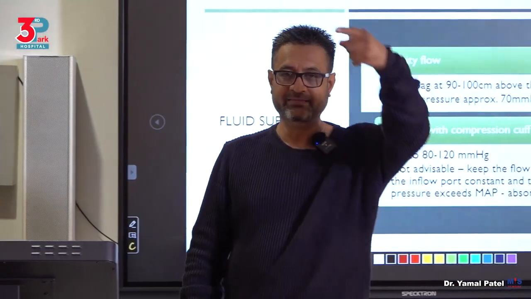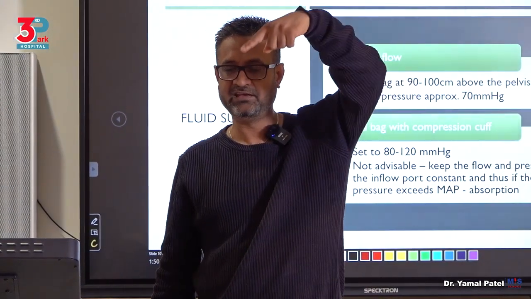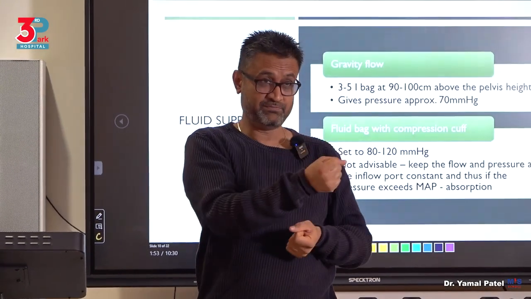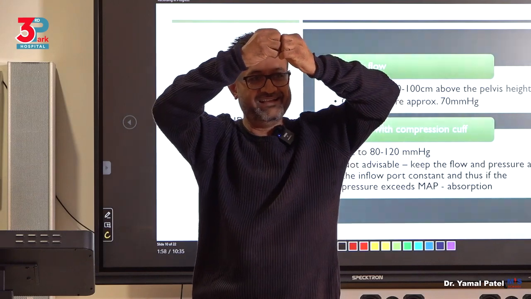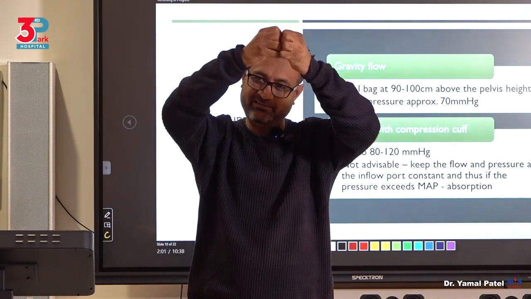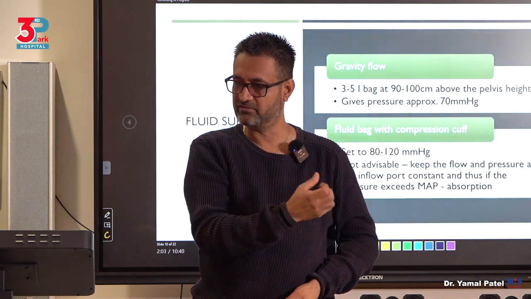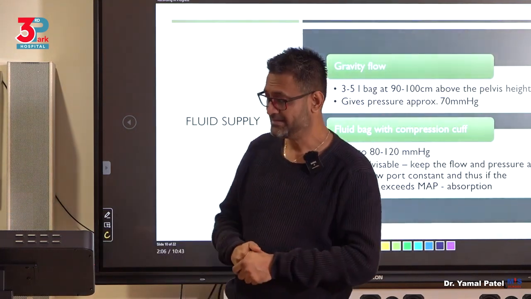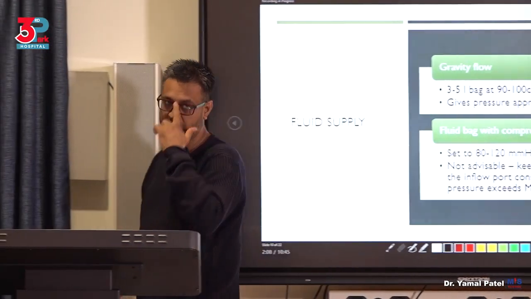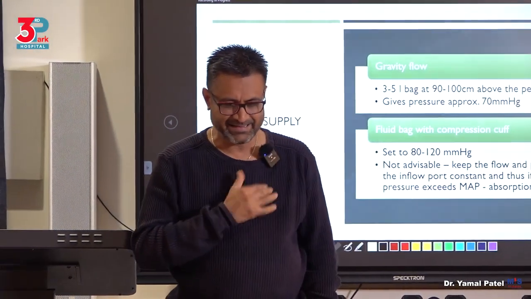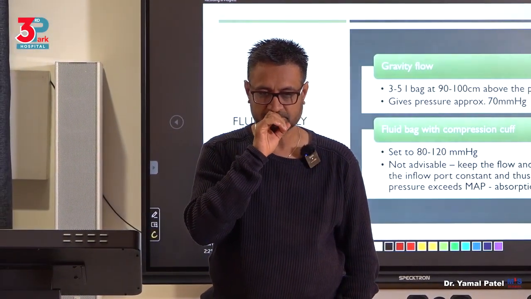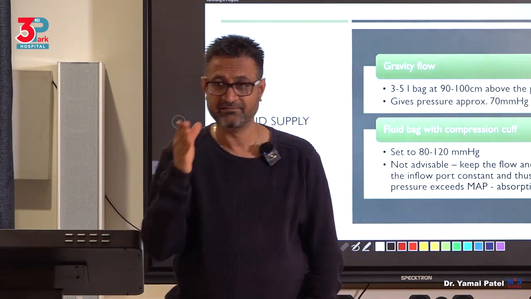So what does that mean? They are like BP cuffs that you could put around the bag, and then you pressurize. So you do that, or you press like this with your hand and push it. So this is manual pressure. This is compression pressure with the cuff. Understood? So if you set it at around 80 to 120, then it will give you that. But again, the problem is the kind of hysteroscopy work we do ideally should be what we call constant pressure, variable flow.